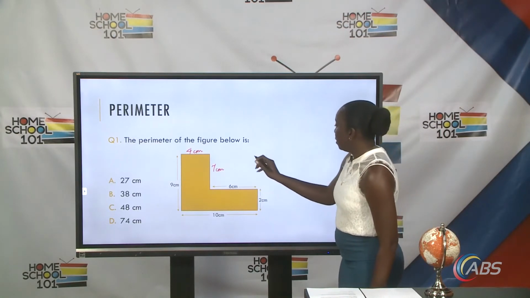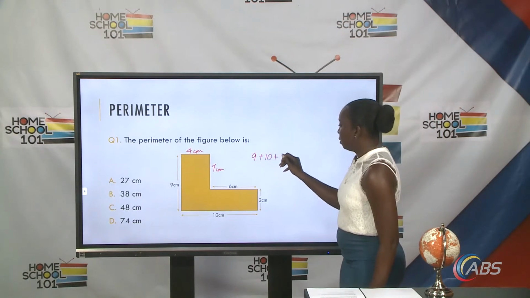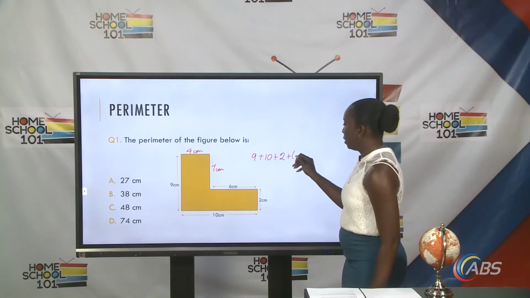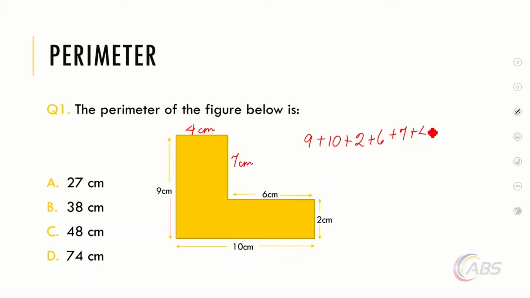So let's just go ahead. We're going to add 9 plus 10 plus 2 plus 6 plus 7 plus 4. And I'm just going to add cm at the end. We can't forget our measurement.